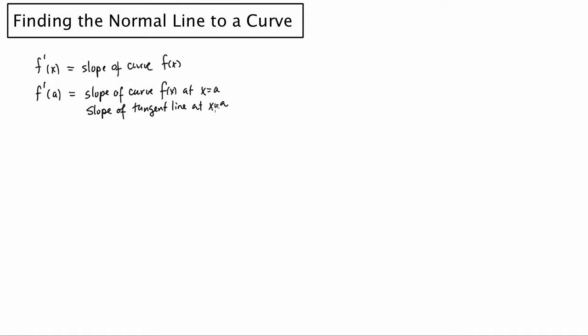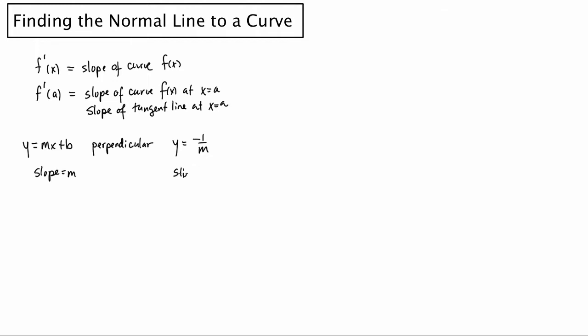If you take the line y equals mx plus b, and you want to find a line that's perpendicular to it, then this line has slope m, and whatever line you come up with that's perpendicular to it will have a slope that is the negative reciprocal.